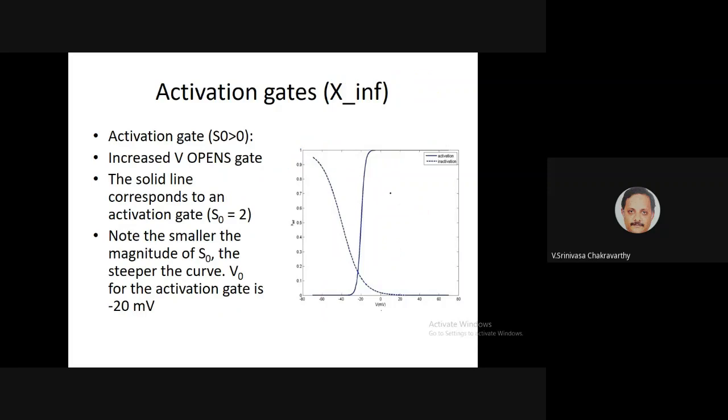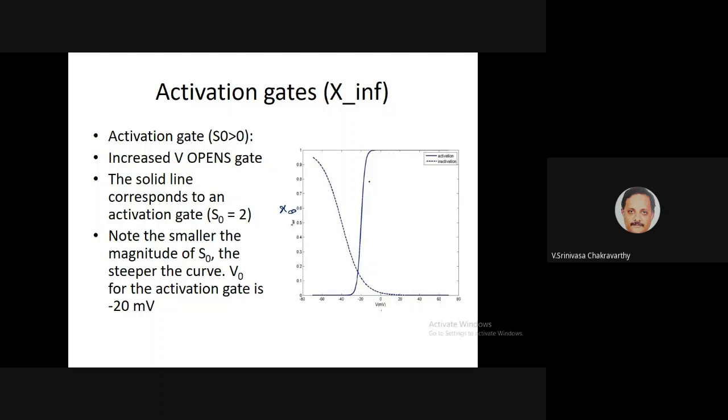So if you plot x infinity as a function of voltage, it will look like this, what is called a sigmoid function. Where you see that it can have two shapes. One is starting from 0 at some value of voltage, it goes to a positive value, and then after that it goes to 1 asymptotically at infinity.